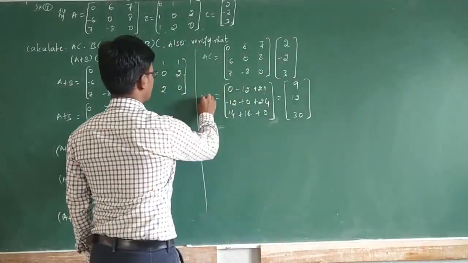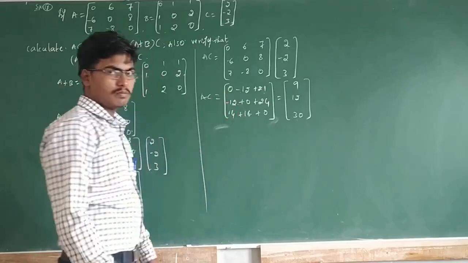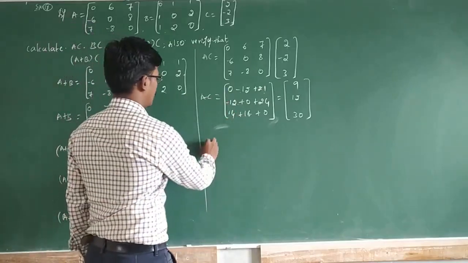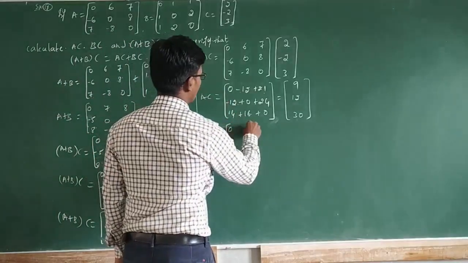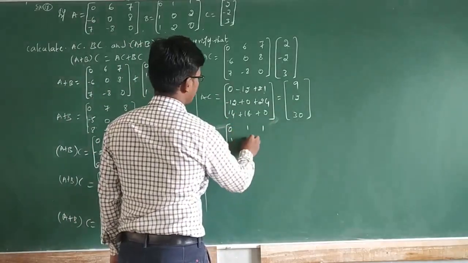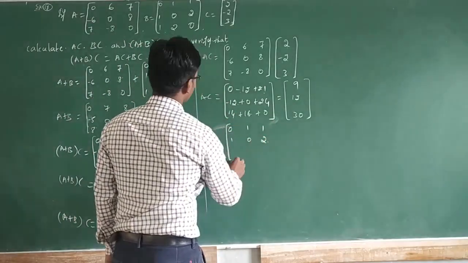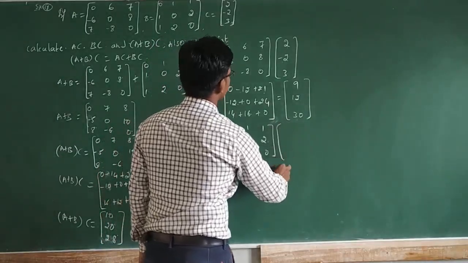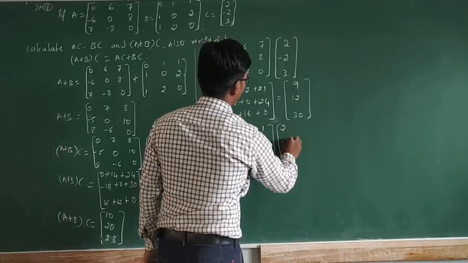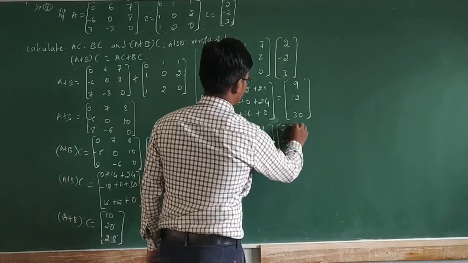This is AC. Next, coming to BC. So BC is equal to matrix B, which is 0, 1, 1, 1, 0, 2, 1, 2, 0. C matrix is 2, minus 2, 3.